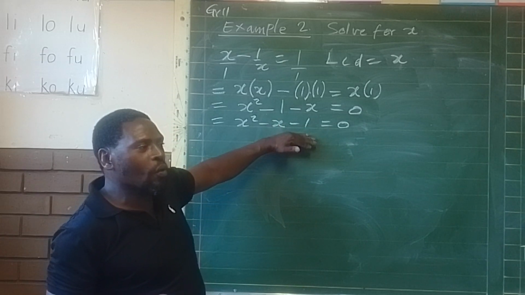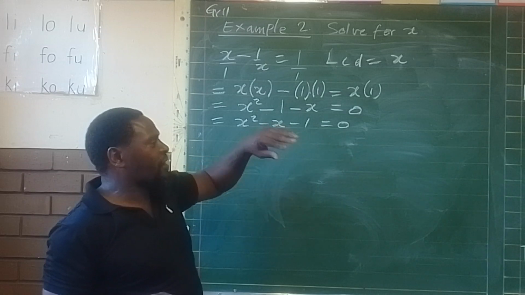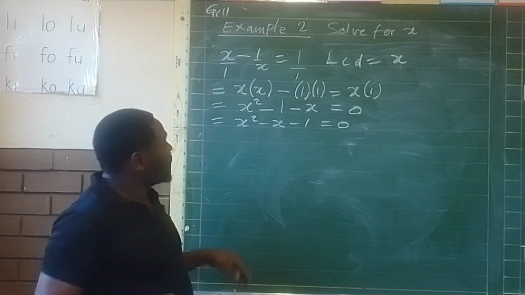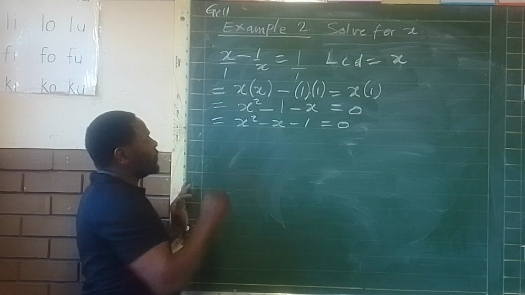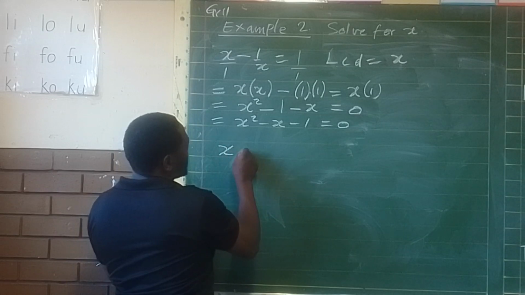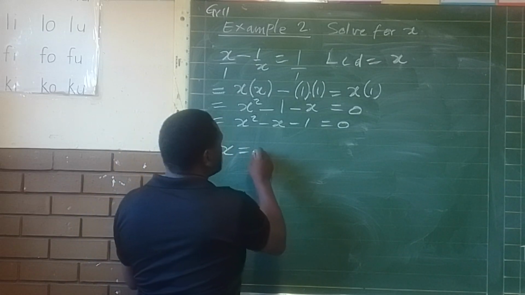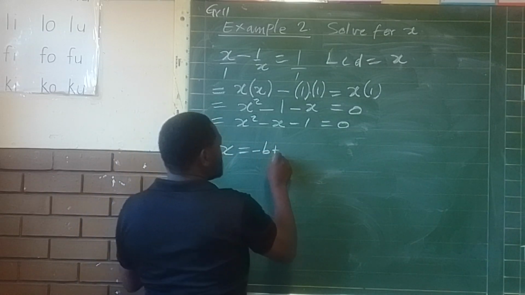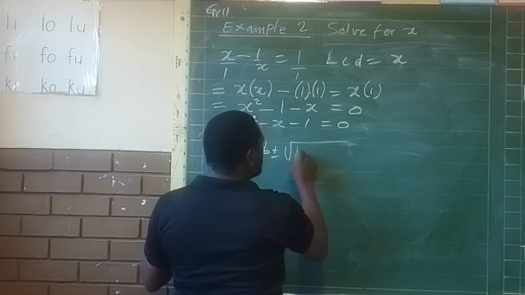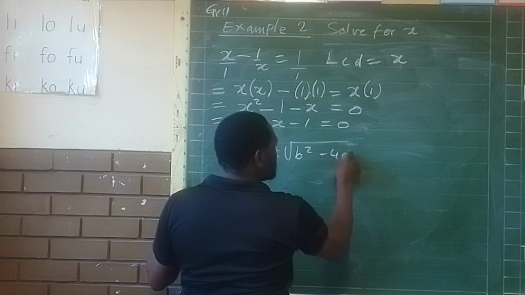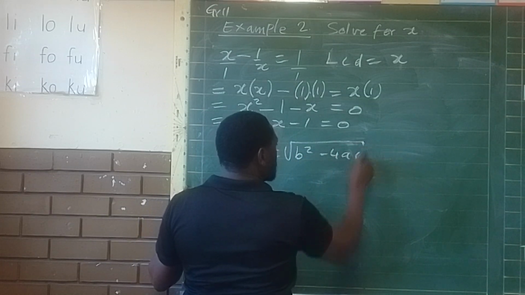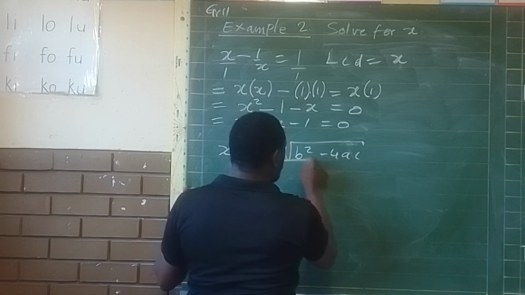So this is not a perfect square. So we're going to use the formula. X is equals to minus b plus minus square root of b squared minus 4ac all divided by 2a.